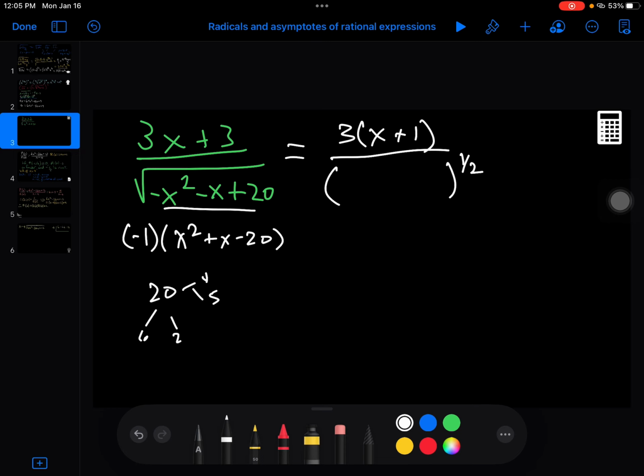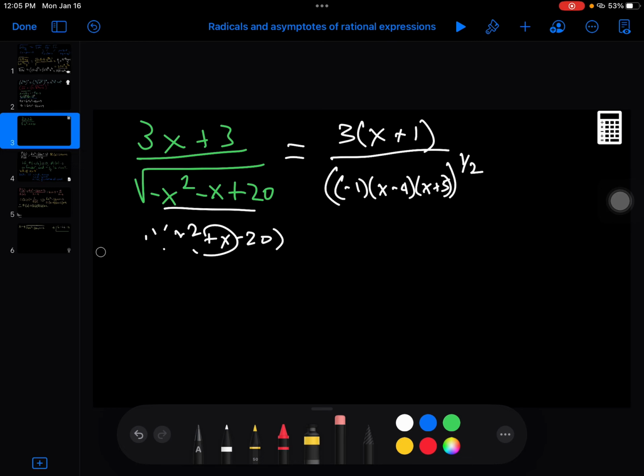So obviously if we had plus 5 minus 4, that would give us this 1 here. And so we're going to get negative 1 times x minus 4 times x plus 5. Okay, that got us somewhere. And all of that's raised to the 1/2 power.